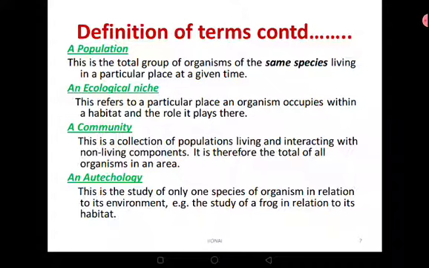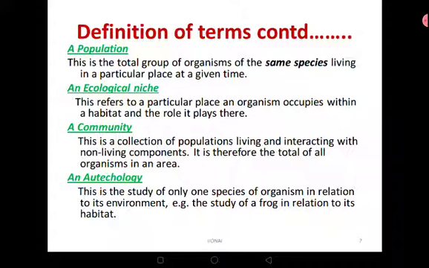Okay. We have the ecological niche. This refers to a particular place an organism occupies within a habitat and the role it plays there. So this captures the specific place an organism lives within a habitat, but also the role that organism plays in that particular habitat.